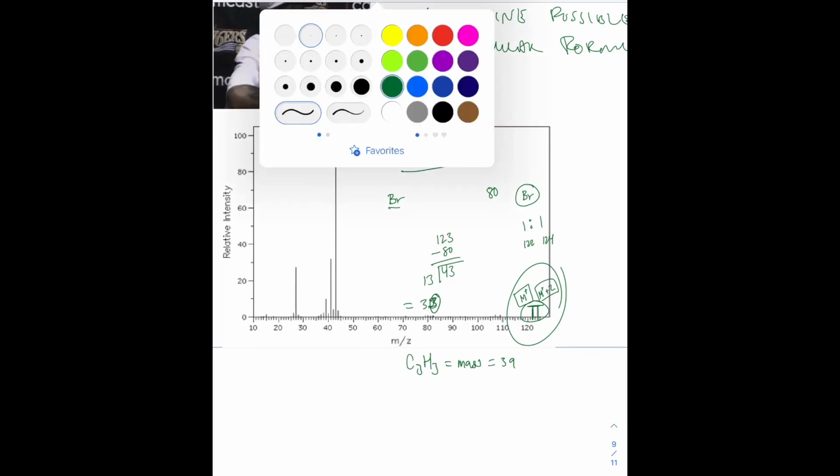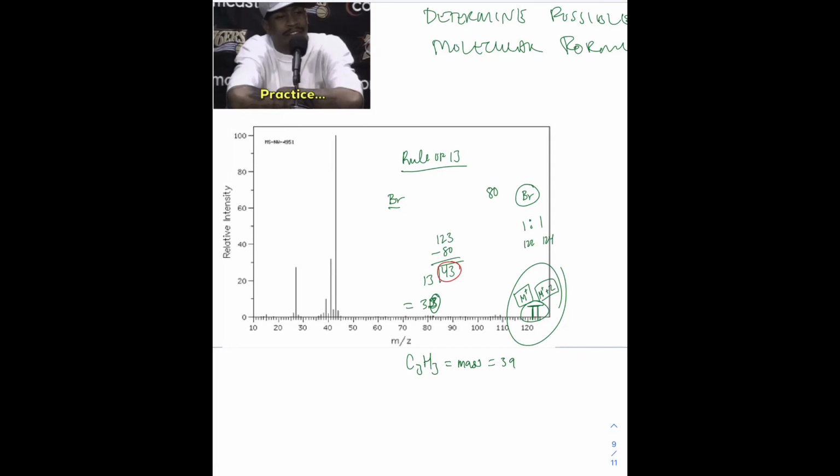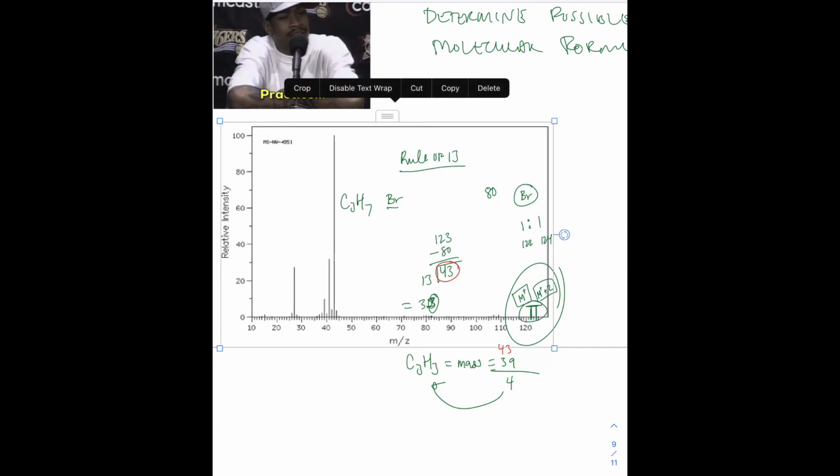And since we had 43 to work with, 43 minus 39 is equal to 4. Okay, so that means we need to add 4 to there. Okay, so that leaves us with C3H7 and then Br. Move that over.